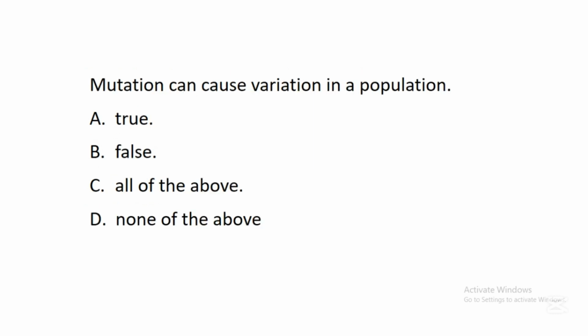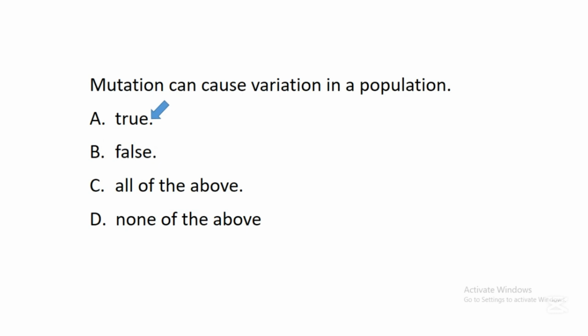The next question says, mutation can cause variation in a population. A. True. B. False. C. All of the above. D. None of the above. In this question, the correct answer is A. True. So, mutation is the sudden change in the genetic makeup of an organism.